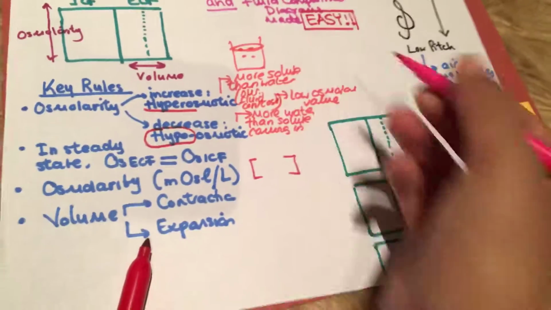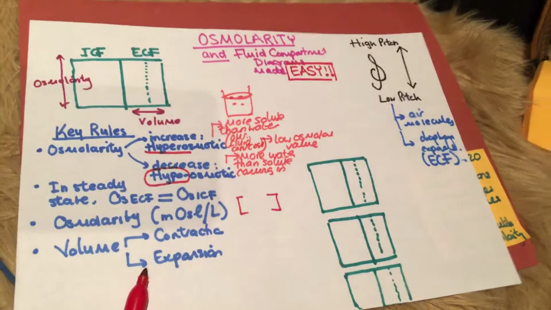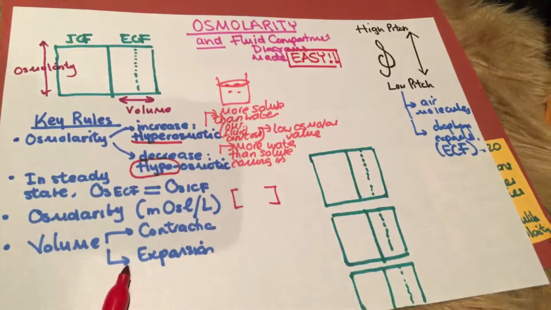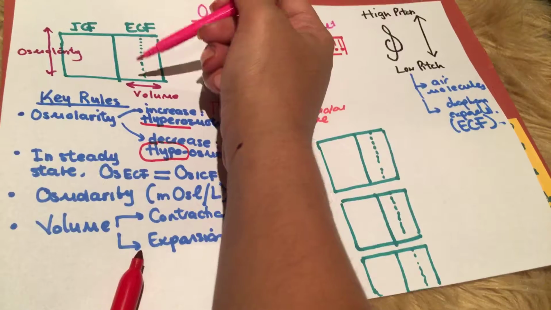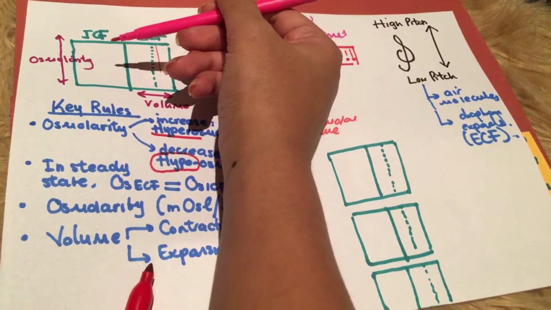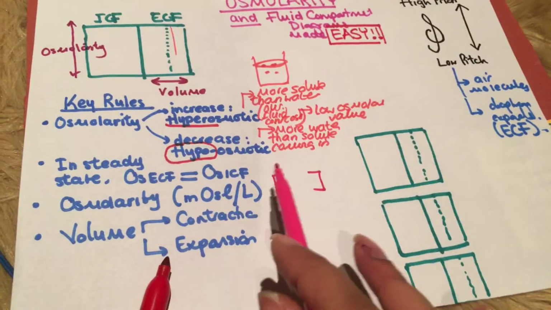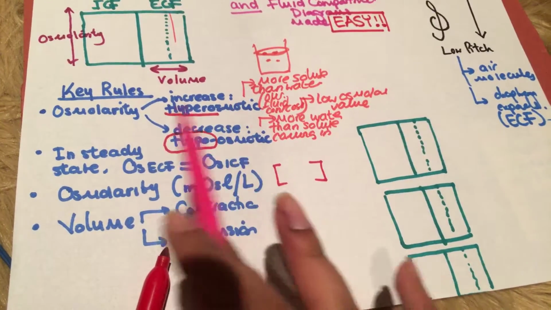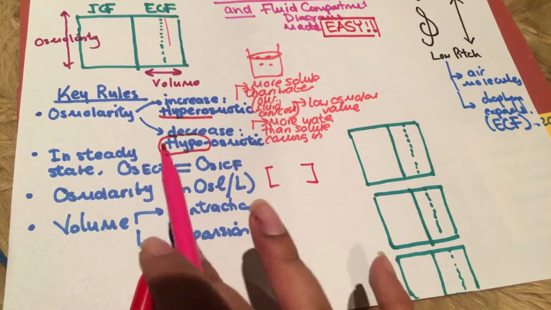Okay? Now, in terms of a steady state, this was one of the equalities that we actually have. The extracellular fluid and intracellular fluid have the same osmolarity in a steady state, in a state of homeostasis.